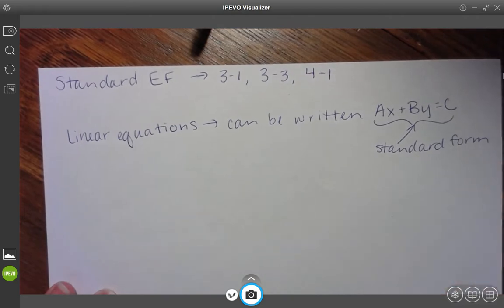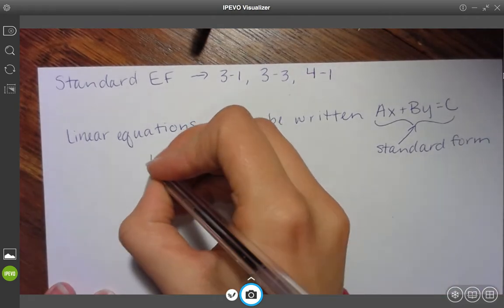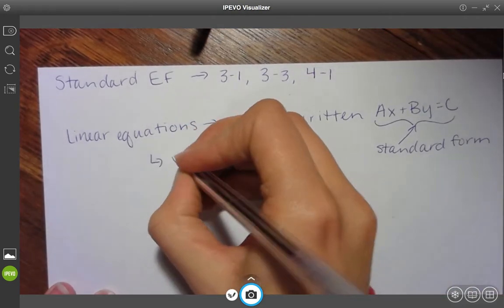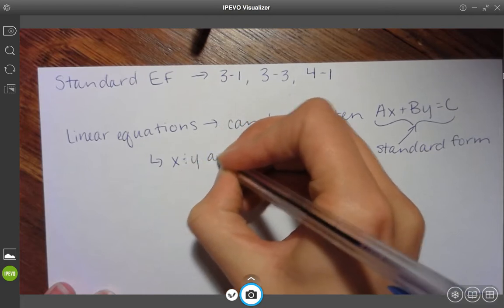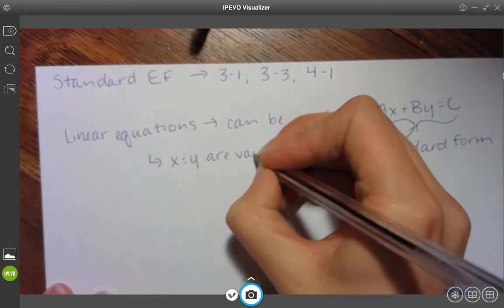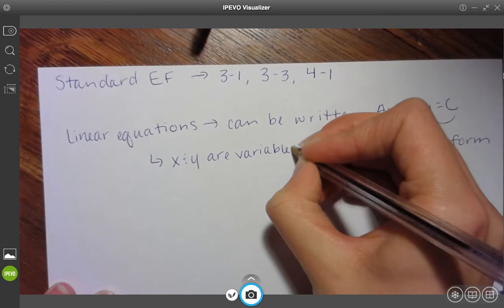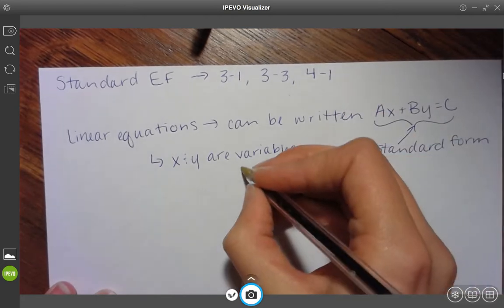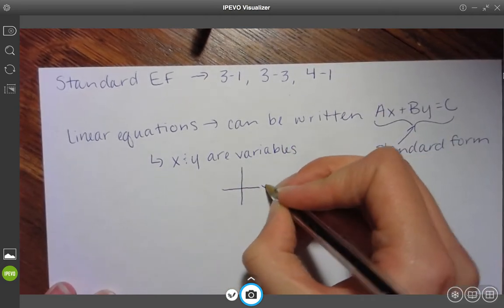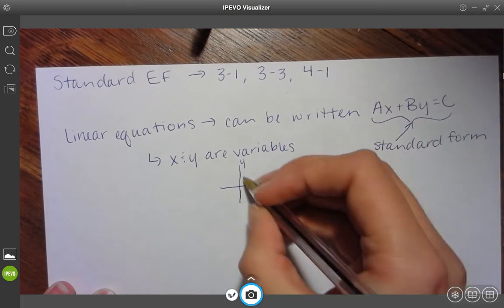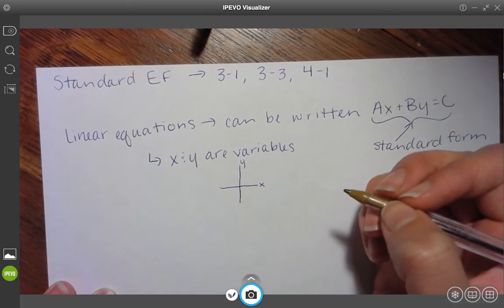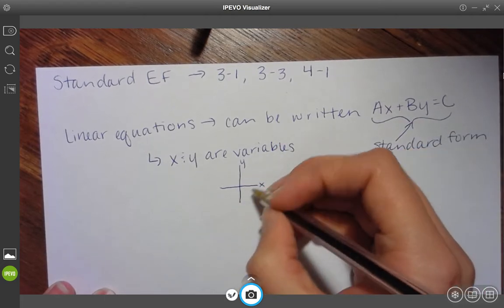In this form, x and y are variables, referring to different values that you can have in a point. If you think of a coordinate plane, we have an x-axis and a y-axis.